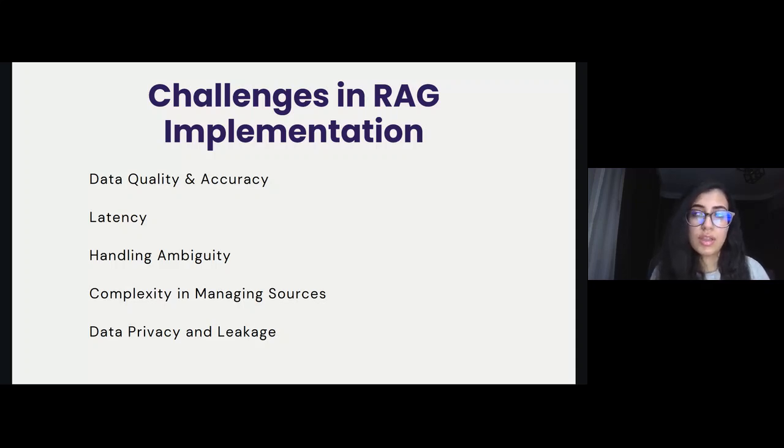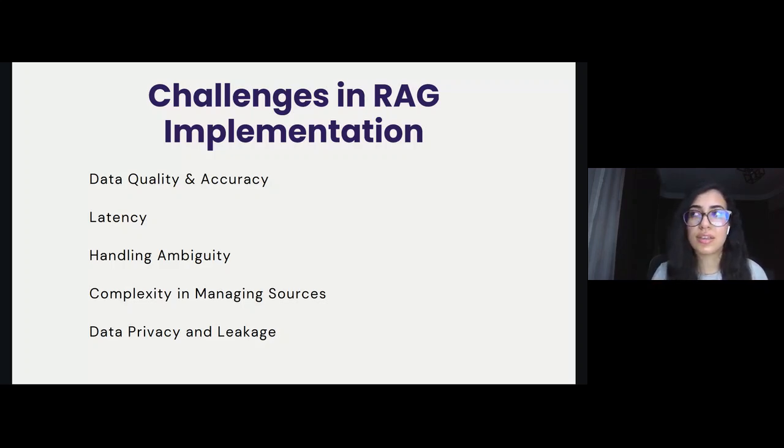Imagine you ask a certain question and it finds multiple answers to that same question in the database, and they're different from each other. That means you're going to give the LLM conflicting information. So how do we handle ambiguity?